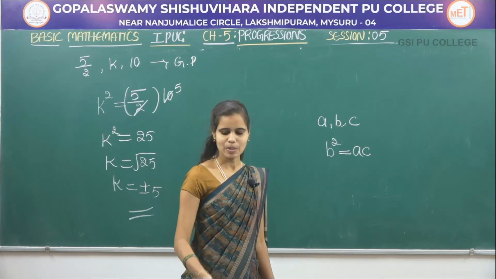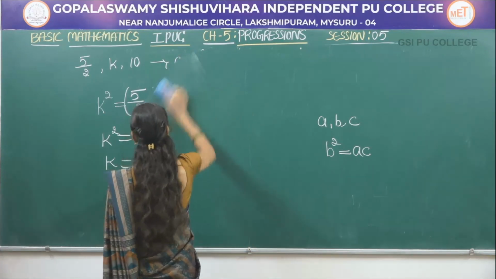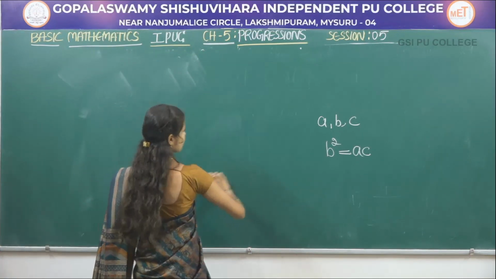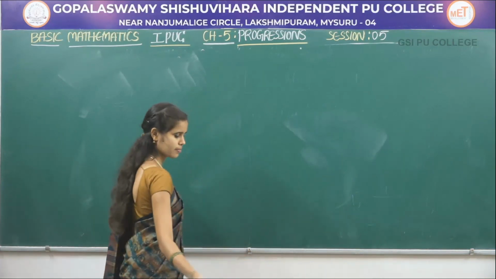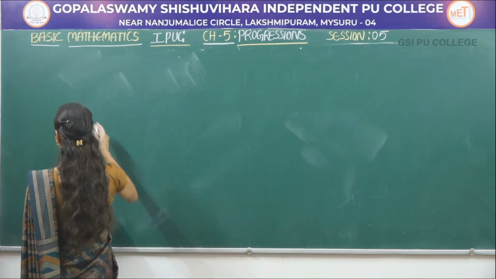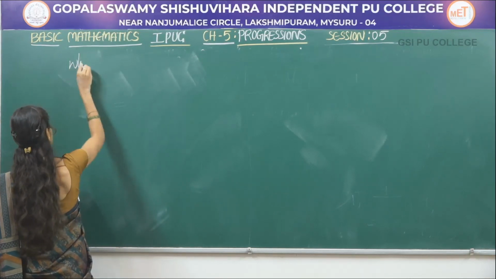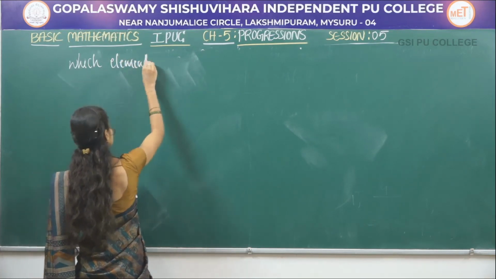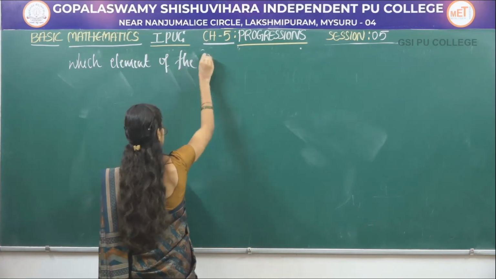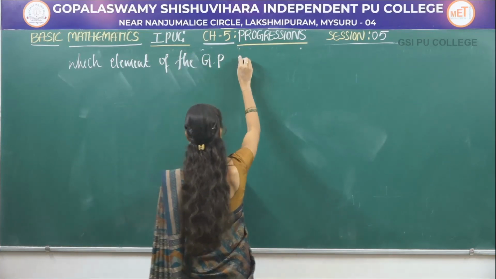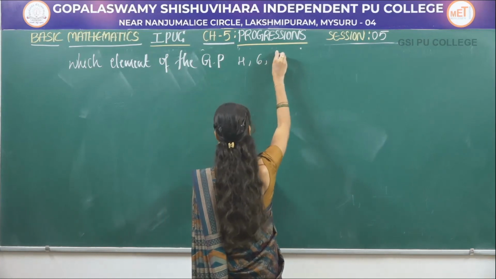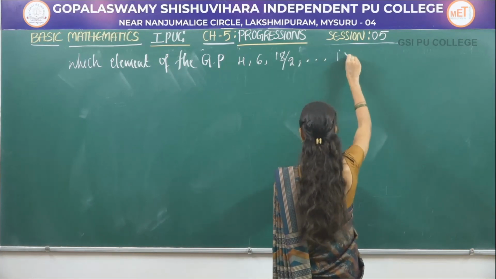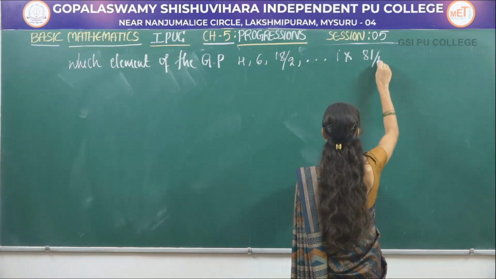Next, let us move on to the last problem. Which element of the GP 4, 6, 9, 27 by 2, etc. is 81 by 4?